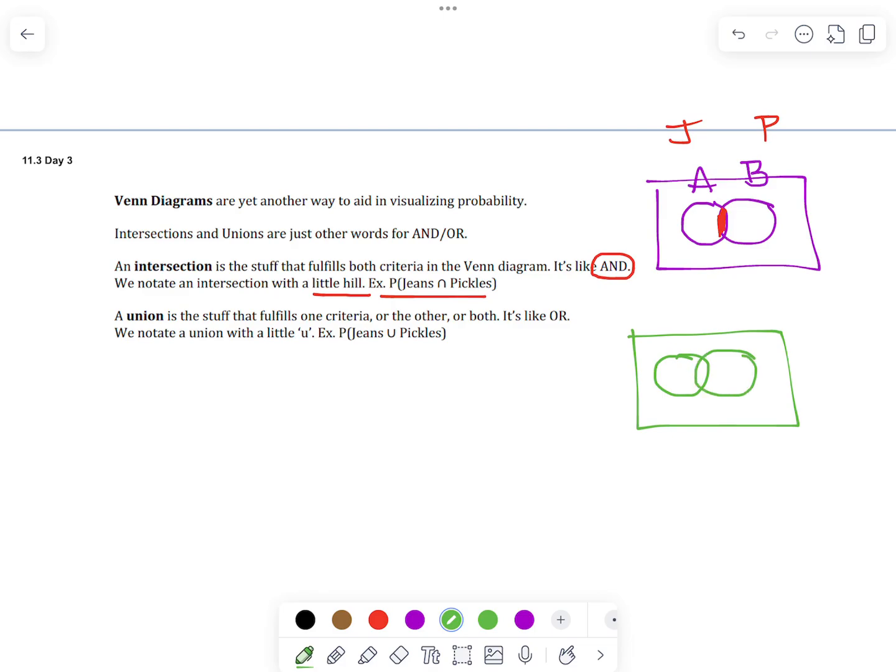So if we have two events again, here's A and B, and we use the letter little u, and the notation is jeans or pickles. It fulfills one category or the other or both. So we can shade that area. Again, the two words are union and intersection, and "or" and "and."